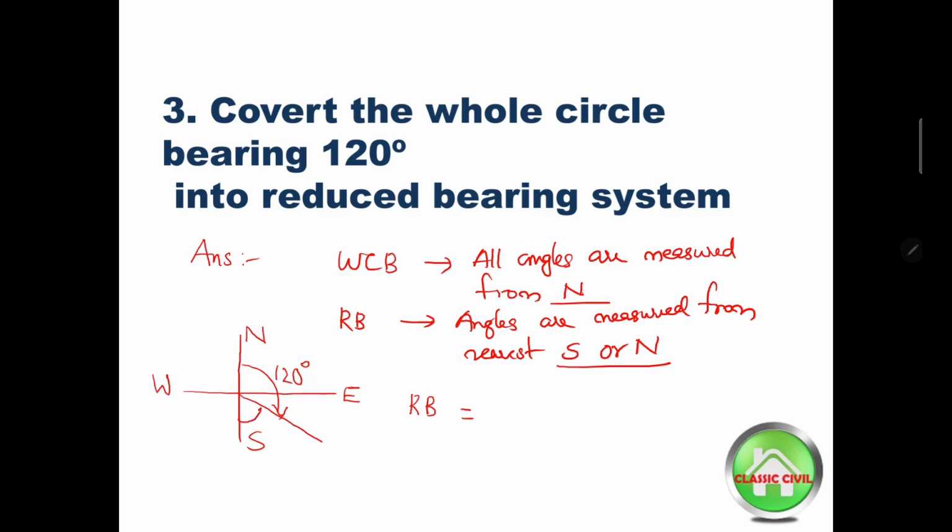Here the angle is measured from south to east direction. Therefore the angle is south 60 degree east. This angle is 60 degree. Therefore, the reduced bearing is south 60 degree east.